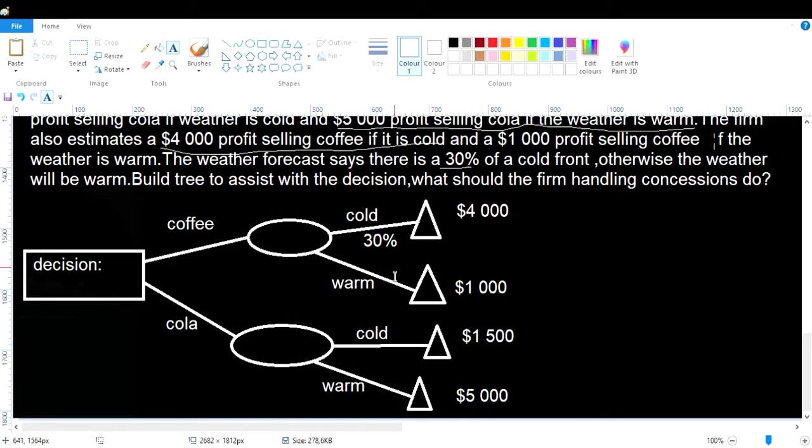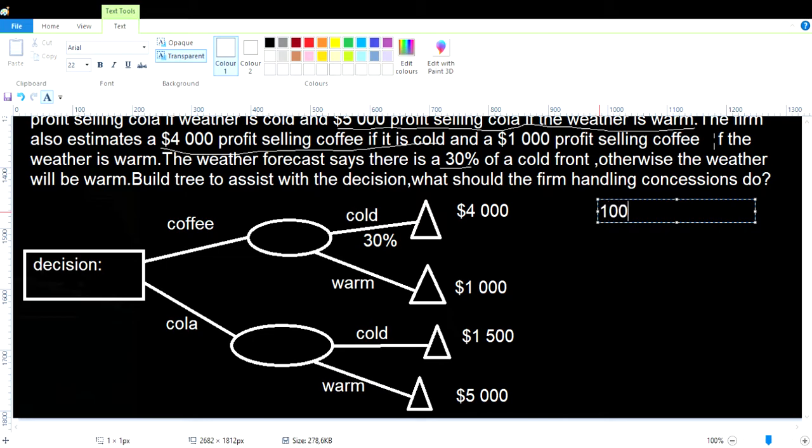Which means there's a 70% possibility that the weather will be warm, because we're just going to subtract: 100% minus 30%, answer is equal to 70%.